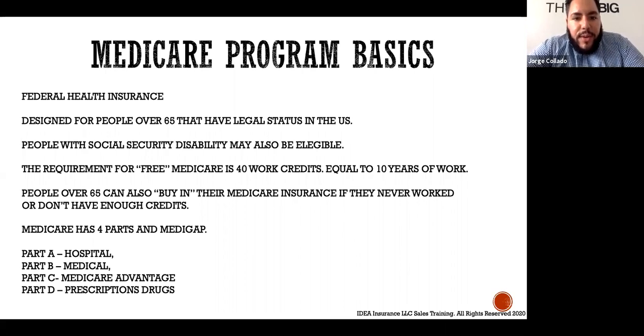People with Social Security disability may be eligible for Medicare without having to wait until 65 to join. The reason is that when somebody applies for Social Security disability, there is a 2-year waiting period for Medicare. So let's say they apply for Social Security disability at 50 years old and get approved.